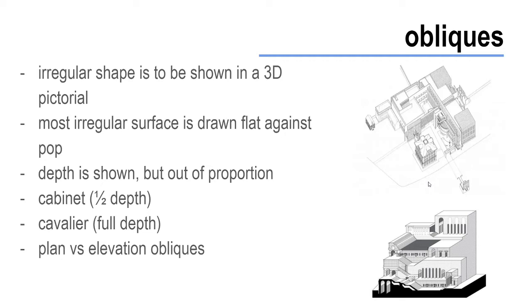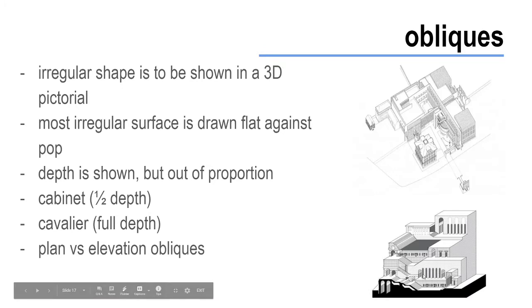What I mean by that is this is what we would call a plan oblique. All of these smaller details related to the roof and everything are parallel to the plane of projection, so it's still sitting flat against the top view.